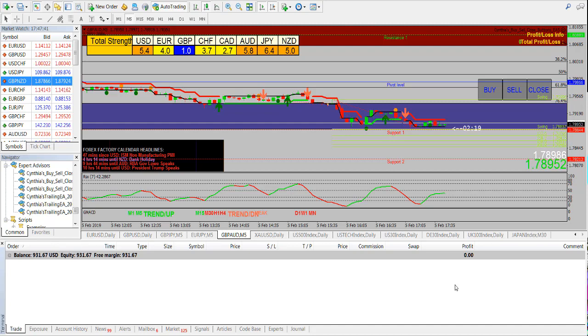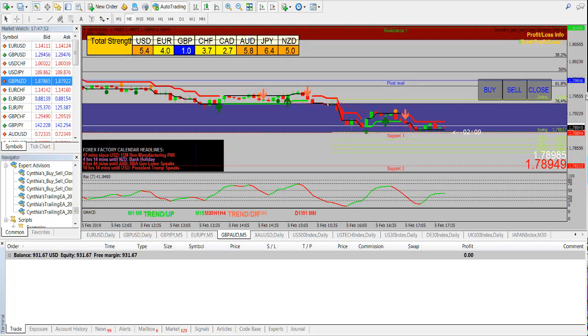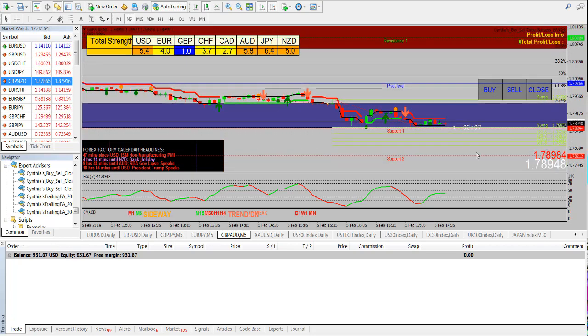And so you know that if you learn how to use your crosshairs, you're always going to be able to determine your target, which is always going to be one of the Fibonacci support or resistance lines. And in between, you have this other little Fibonacci extension indicator that gives you smaller targets between, for instance here, between the support 1 and support 2. You have all of these smaller targets.